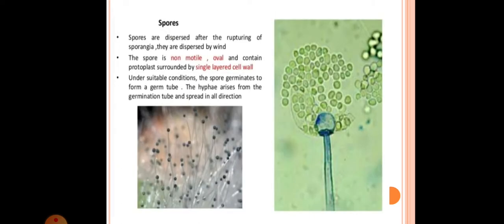Next, the spores. The spores are dispersed after the rupturing of the sporangia. They are dispersed by wind. So here you can see the sporangium gets ruptured and the spores get dispersed.